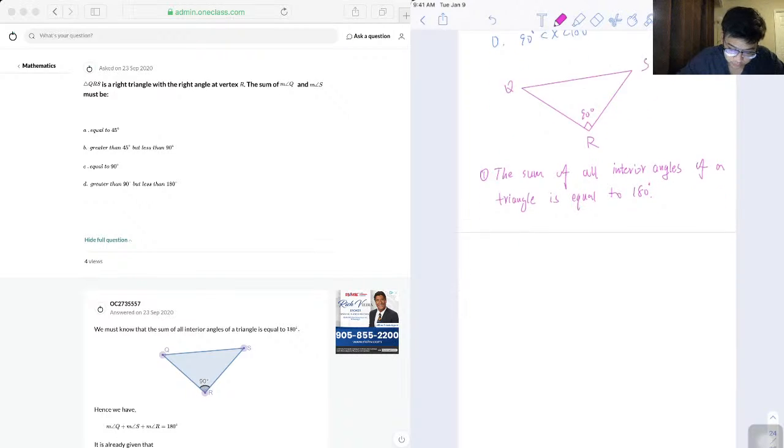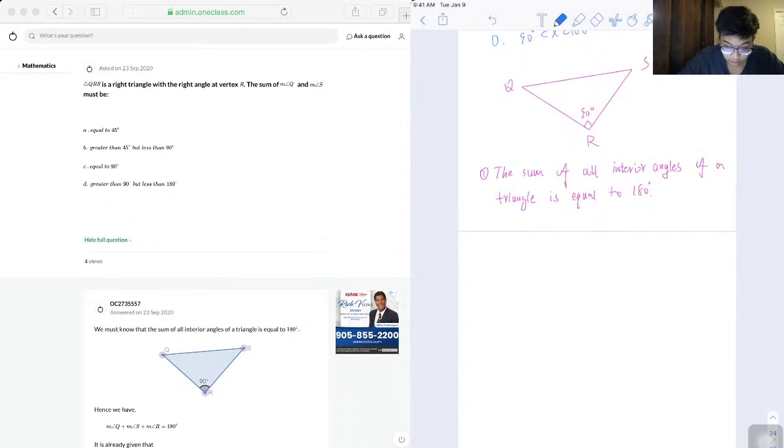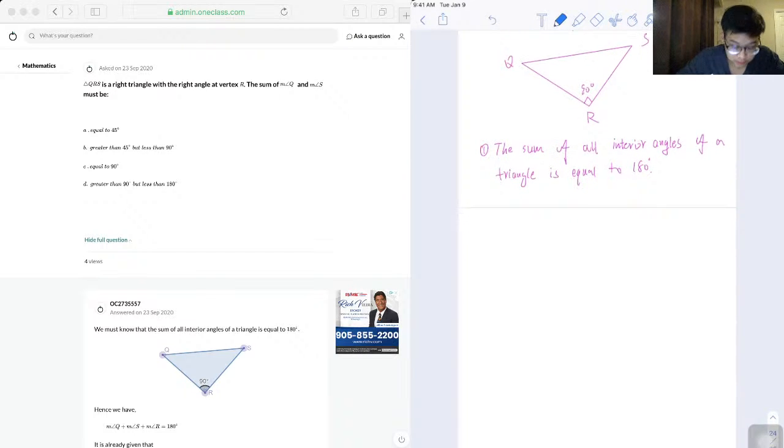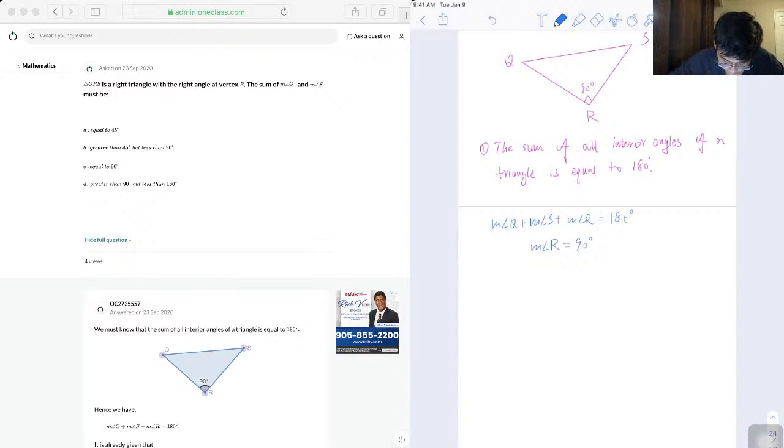Hence, in other words, using the three angles Q, R, S, we can represent it by Q plus S plus R is equal to 180. And we're given that angle R is equal to 90 degrees. It's given in the question.